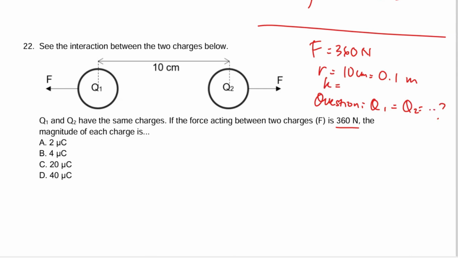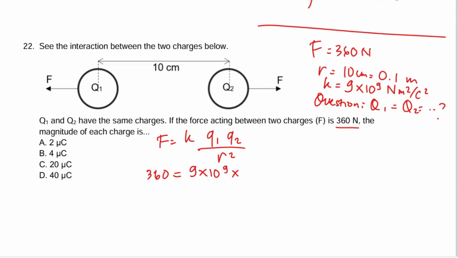Of course, we always know the K, in case it's not mentioned on your exam. So just remember that K is actually 9 times 10 to the power of 9 Newton meter square over C square. And how we get the Q: we know that F equals K Q1 Q2 over R square. So F here is 360, equals 9 times 10 to the power of 9 times Q1 times Q2. And they are the same, so we can just name it Q times Q over R square.